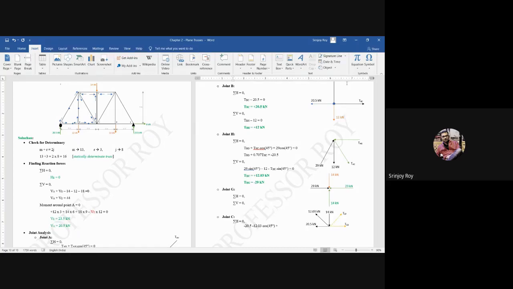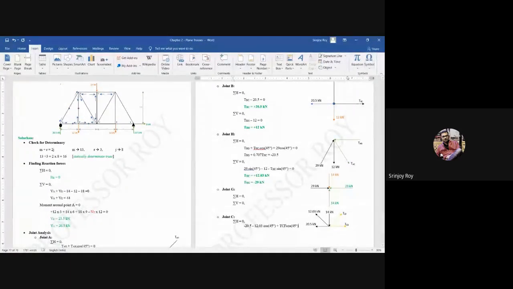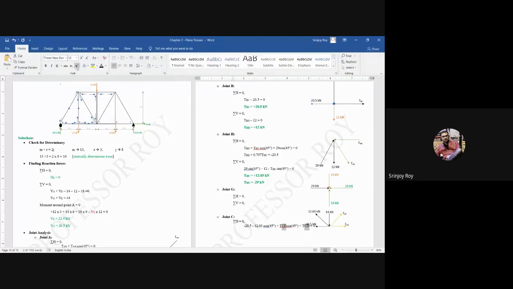Plus TCF cos 45 degrees, plus TCD. Yes or no? The equation is framed well. Yes sir.